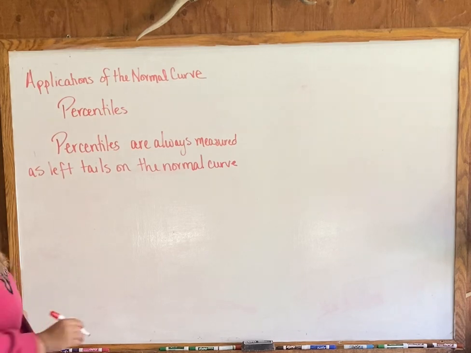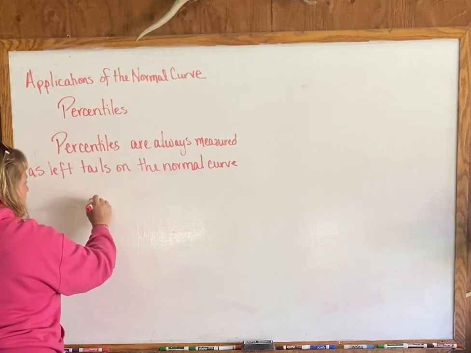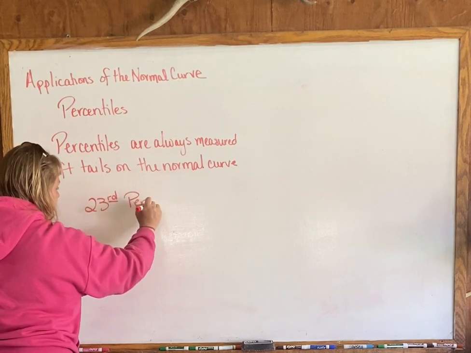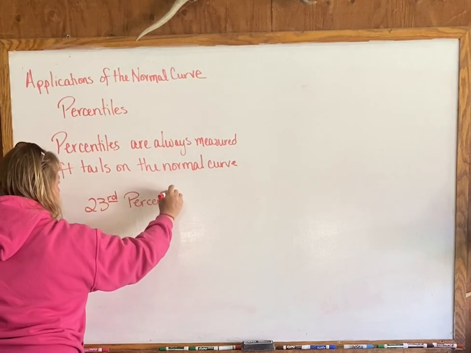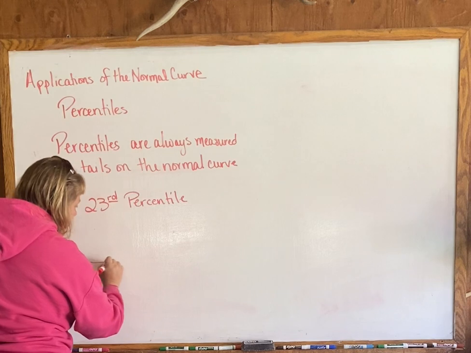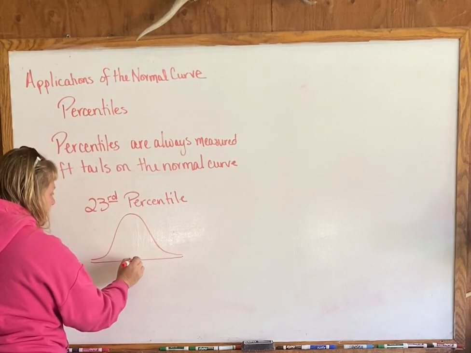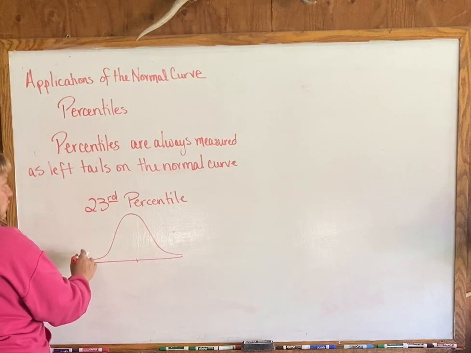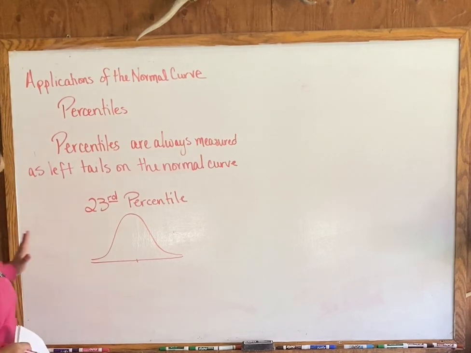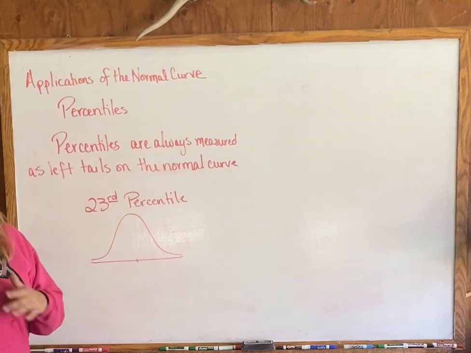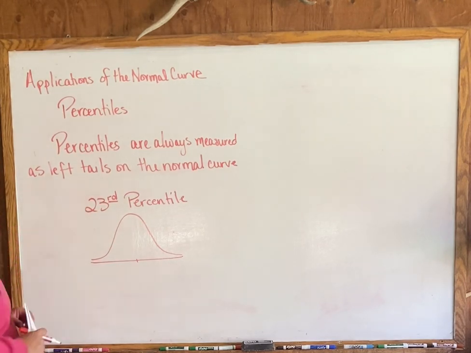Okay, so as an example, let's say that you were in the 23rd percentile. The 23rd percentile, if we were going to represent that on the graph, is always going to be shaded from the left. So you're always going to shade in from the left. And what we need to do is shade 23% of the graph.